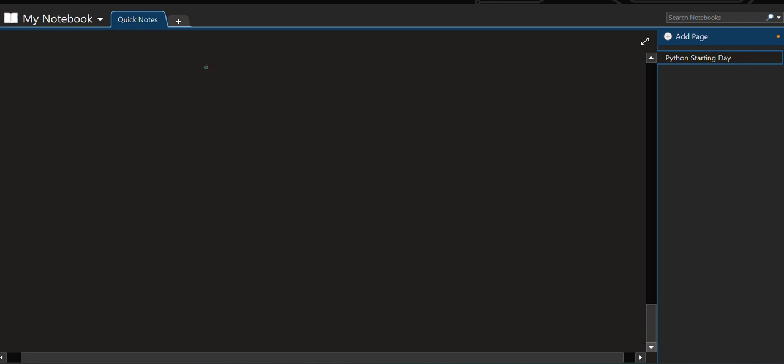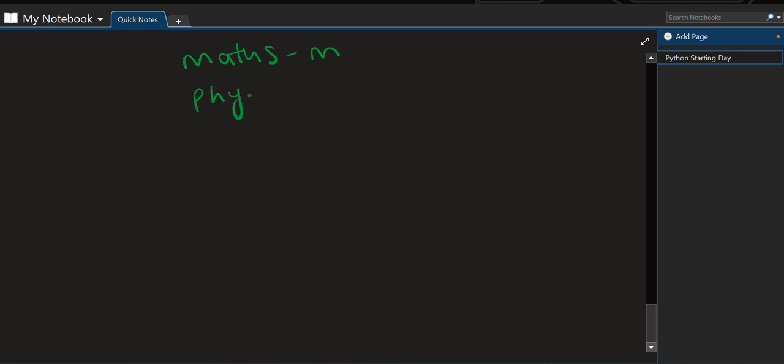What is given is maths representing m, physics representing p, chemistry representing c.